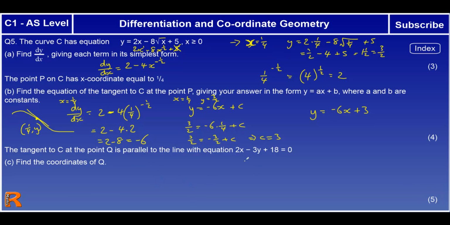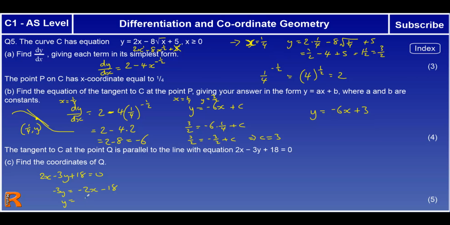But let's just rearrange this. 2x minus 3y, so we've got 2x. Let's just write it again so I can see it. Let's take the x's and the numbers to the other side. So we've got minus 3y equals minus 2x minus 18.